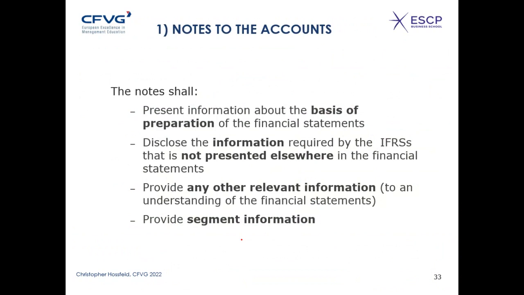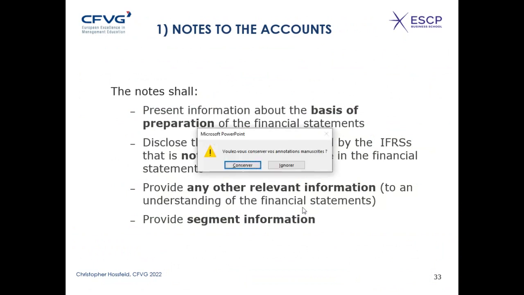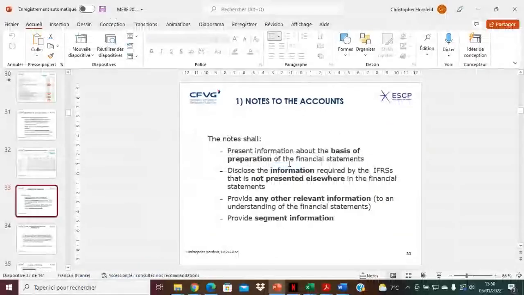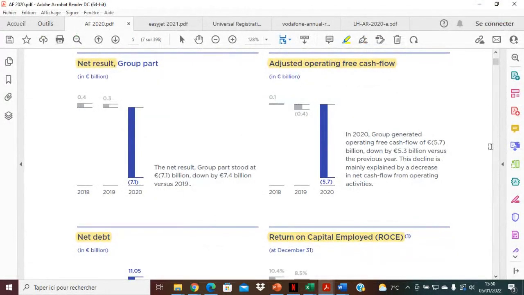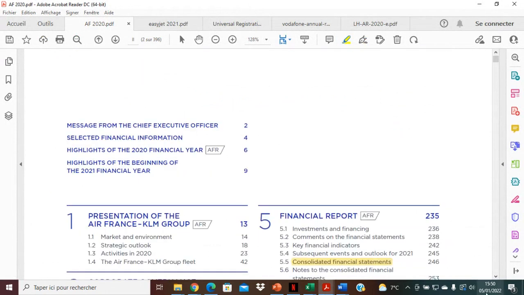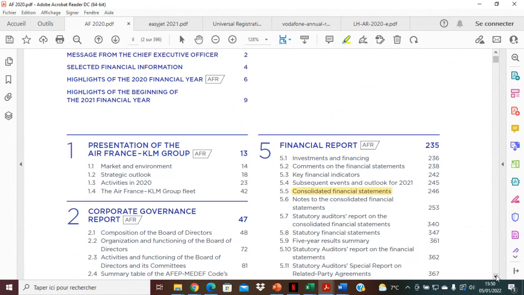Then the last element that we have are the notes to the financial statements. Obviously, the notes are very important. If you look at the financial statements of Air France, if we go back to that and to the structure, you see that the notes actually are the main part.